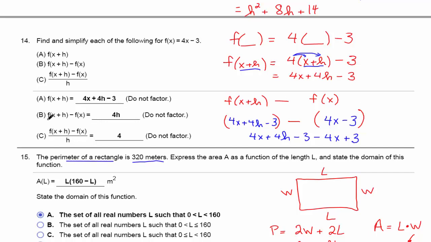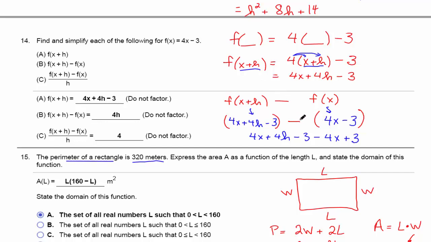Part B, they say take f of x plus h and subtract f of x. All right, so here it is. So I just fill in parentheses my answer to the first part, minus, and now I just simply fill in what is f of x. f of x they gave us was 4x minus 3.